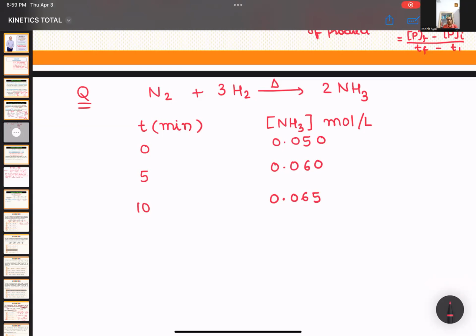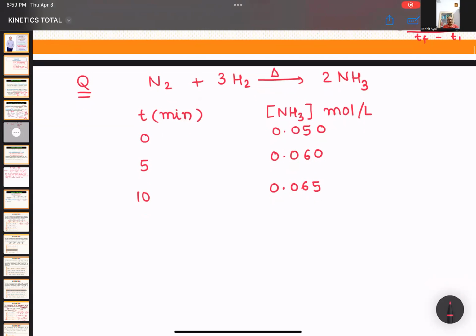Right? So what is the rate of formation of NH3? Average rate of formation. Is this average or instantaneous? Because it is given between two time intervals, this is average. Average rate of formation of NH3.